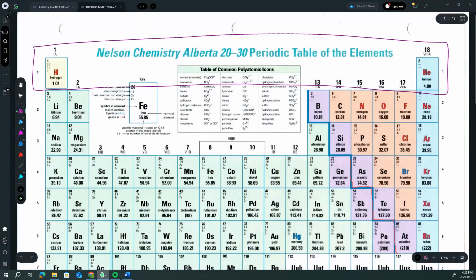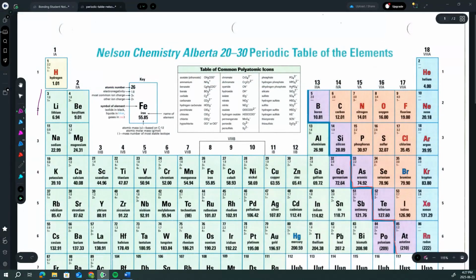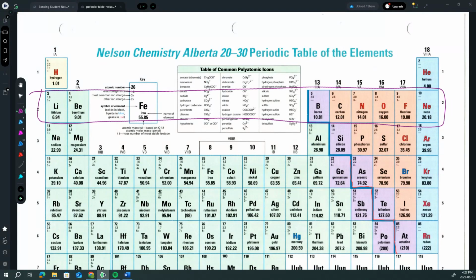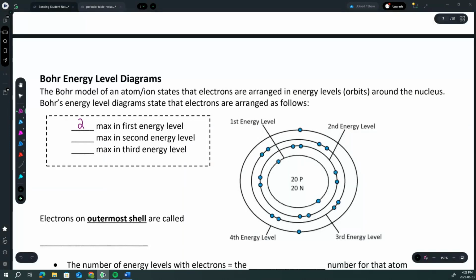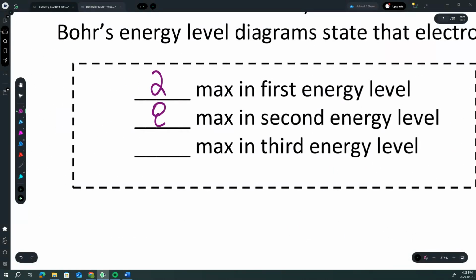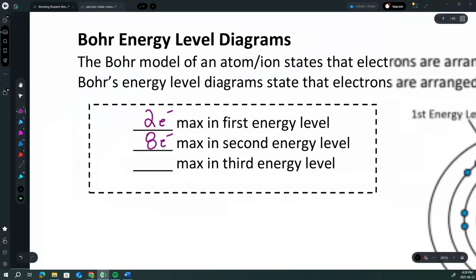If we look at the second period of the periodic table, you can count up that there are 8 elements total in the second row. Correlating this to how many maximum electrons can fit in that second energy level, we can fit a maximum of 8 electrons in the second energy level.